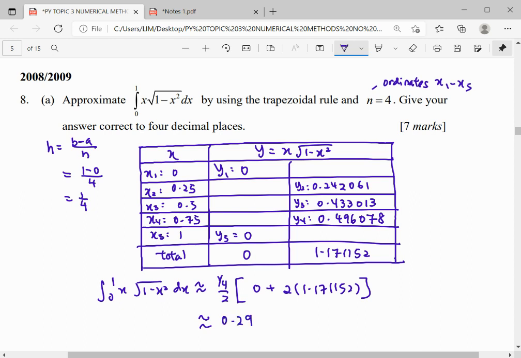So 4 decimal places, 7 becomes 8. Seven marks. Okay, so this mark I don't have, so we just finish it only.